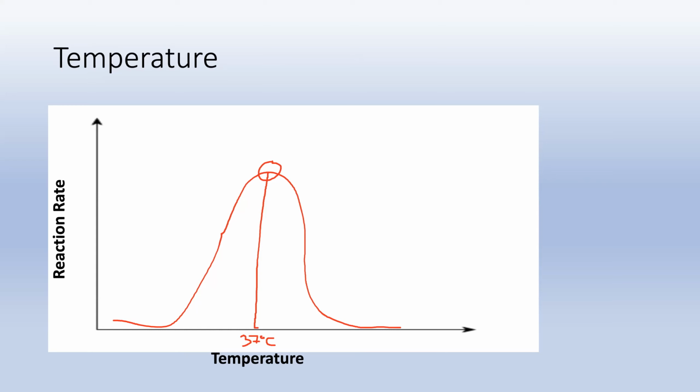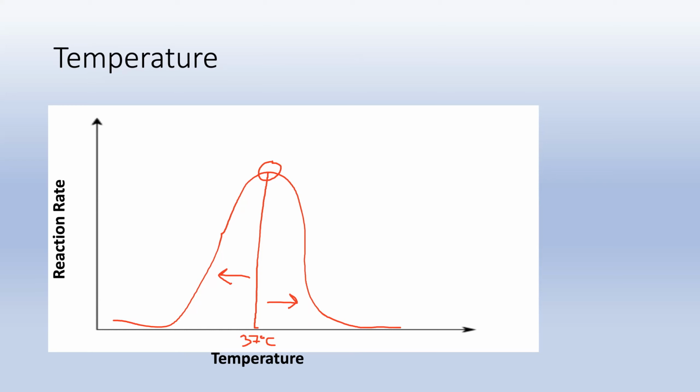So the idea is you can go one of two ways from your optimal temperature. You can either increase it or you can decrease it. Either way, whether you increase or decrease your temperature, you're going to notice that on this graph, your reaction rate is going to decrease.